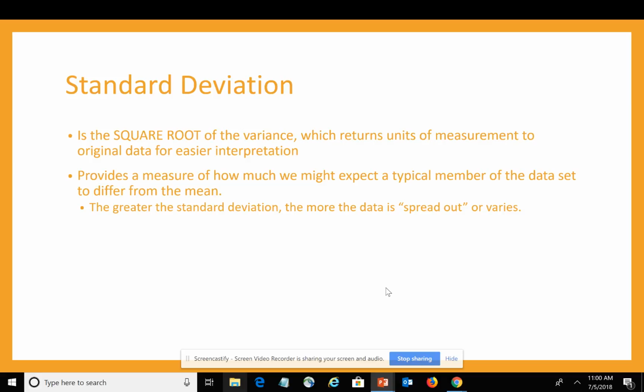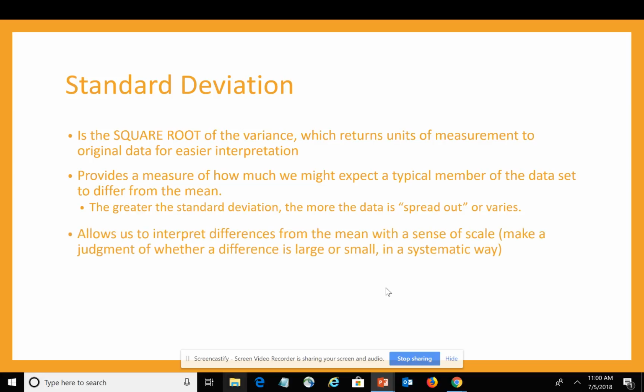The greater the standard deviation, the more the data is spread out or varies. The standard deviation allows us to interpret the differences from the mean with a sense of a scale. We get to make a sense of whether the difference is large or small in a more systematic way.